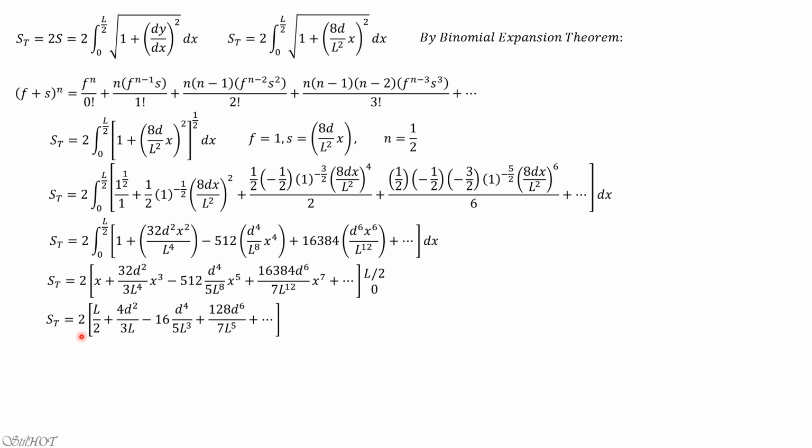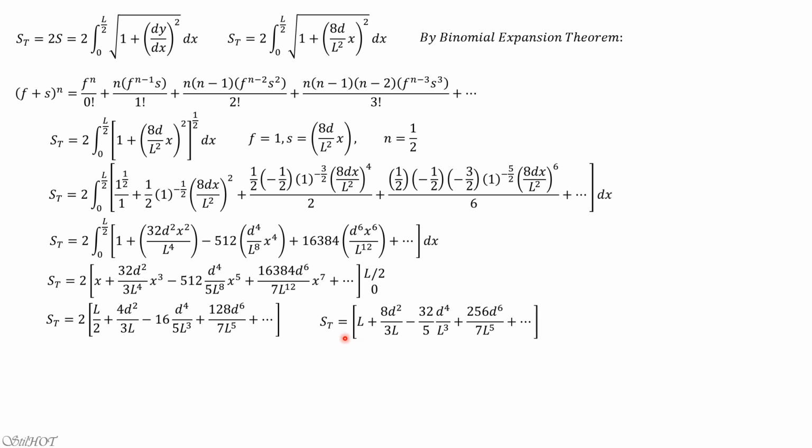So if we distribute 2 and factor out L, we have S total equals L plus 8 thirds d squared over L minus 32 over 5 d to the 4th over L. We distributed 2 here.